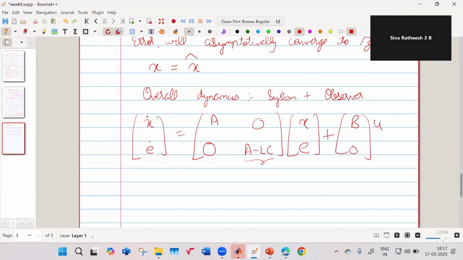So how do we design an observer? What is the criteria? Is it just sufficient that your system should be stable, or do we need some additional criteria? L can be found for the observer to be stable, but should there be any additional criteria? Have you heard of time scale separation?